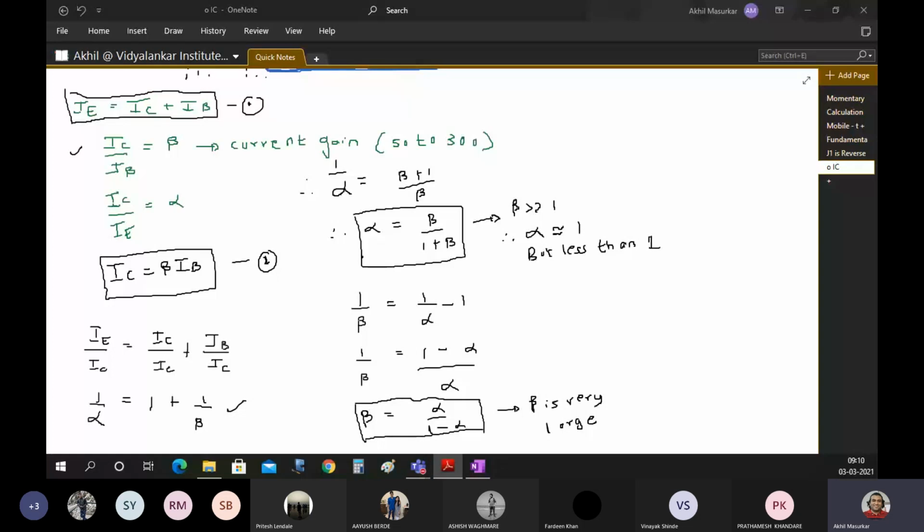Let's start. So let us take a problem based on this, just to get the feel of the values.